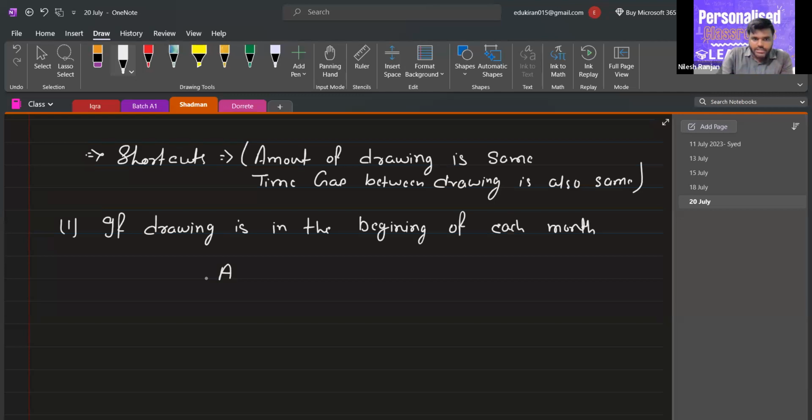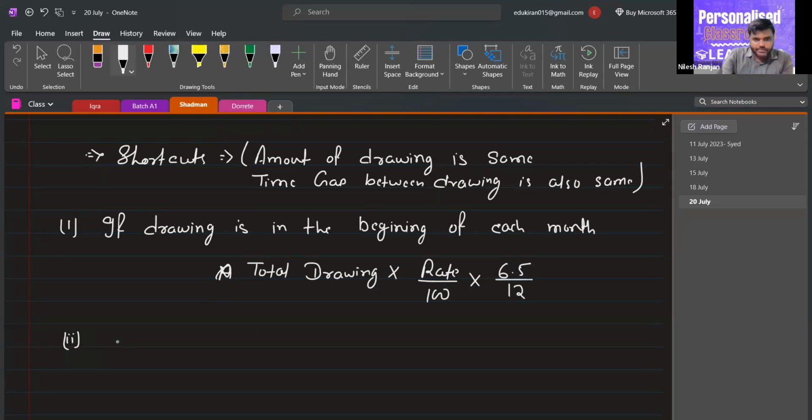Actually, the formula is the same as in the simple method: total drawing into rate by 100 into 6.5 divided by 12.